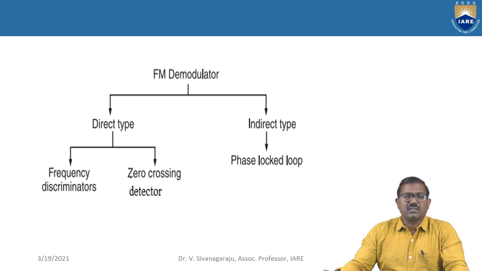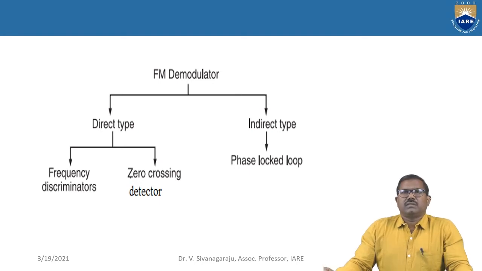Whereas in indirect type, we have phase lock loop and Foster-Seeley discriminator type also. So in this session, we are going to discuss the frequency discriminator, zero crossing detector, and phase lock loop.